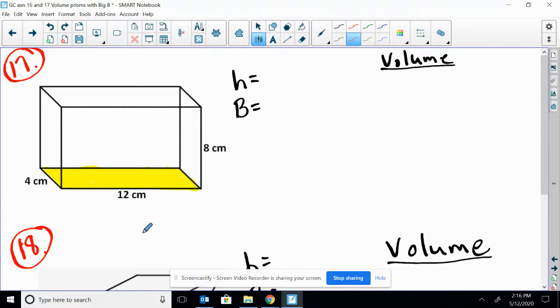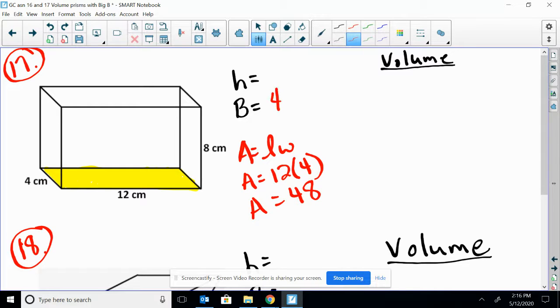Okay, now we have another rectangular prism, and we know the formula for that is length times width, base times height. So I have 12 and 4. So our big B is 48 centimeters squared.